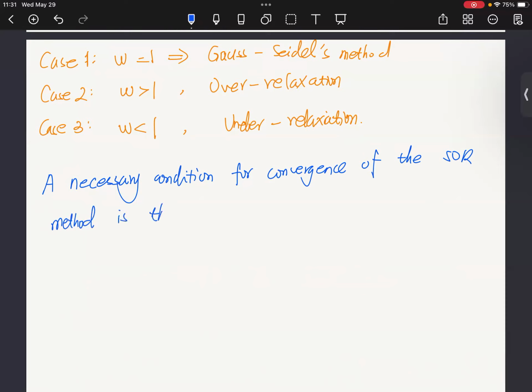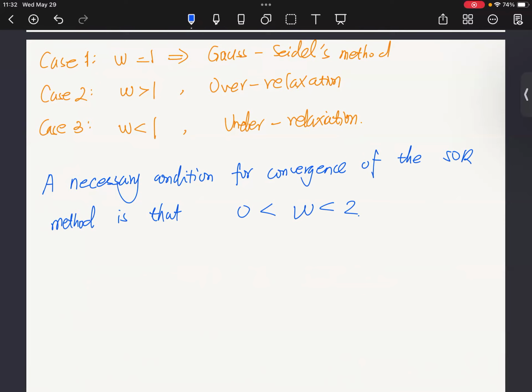is that the number is in this range, between 0 and 2. People don't want to consider omega bigger than 2, because when omega is bigger than 2, the method does not converge, so people just focus their attention on omega between 0 and 2.